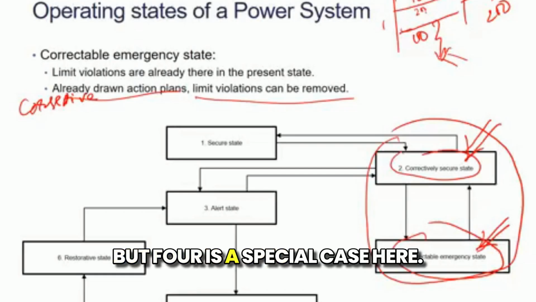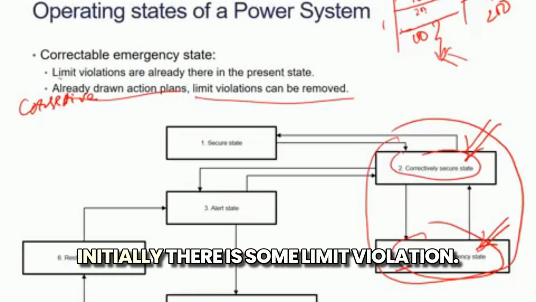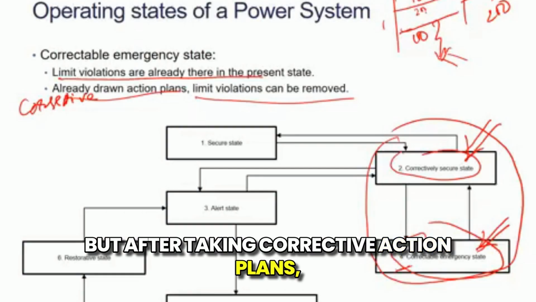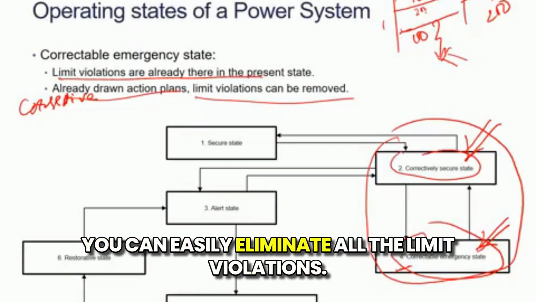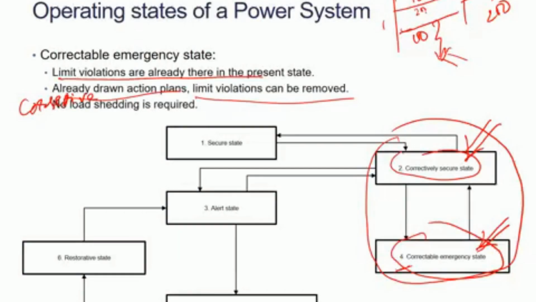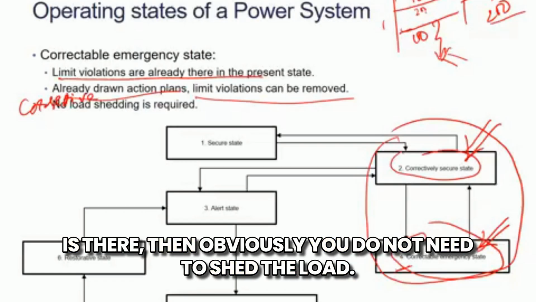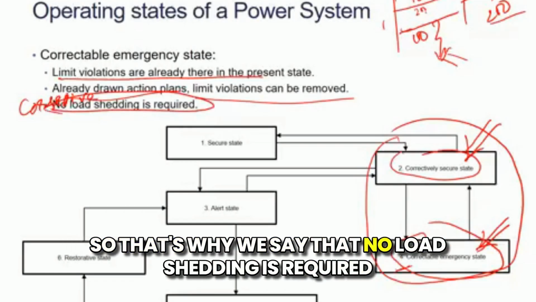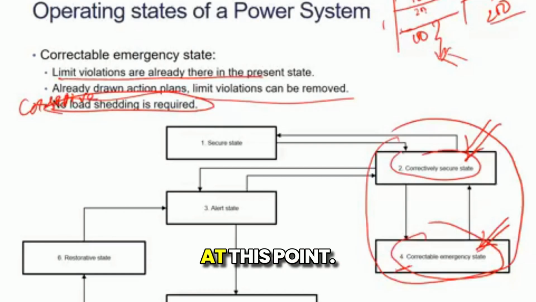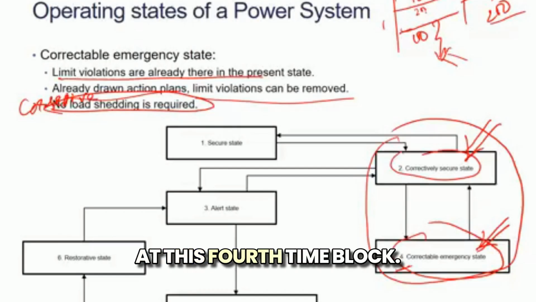But 4 is a special case. Here initially there is some limit violation, but after taking corrective action plans, you can easily eliminate all the limit violations. And obviously, if you have this line, you do not need to shed the load. That's why we say no load shedding is required at this 4th time block.